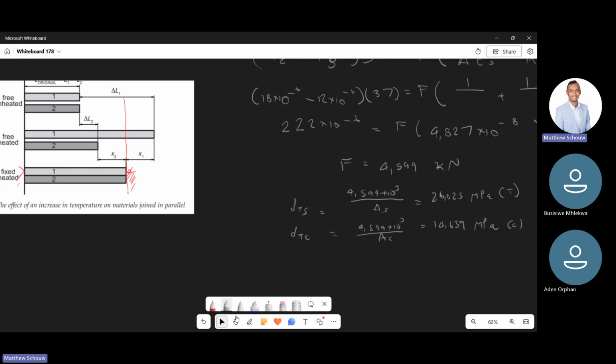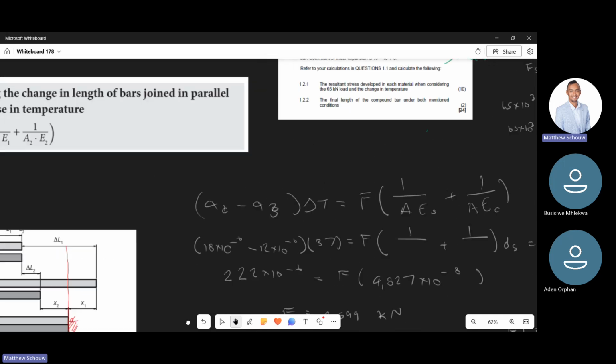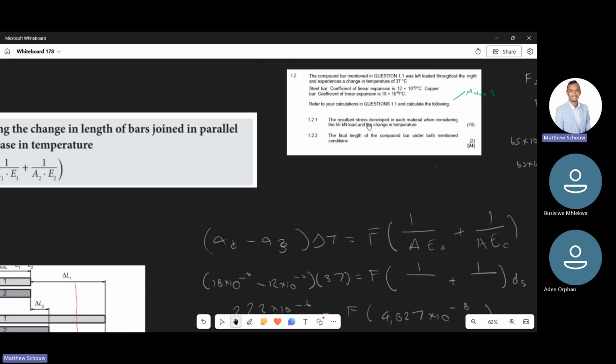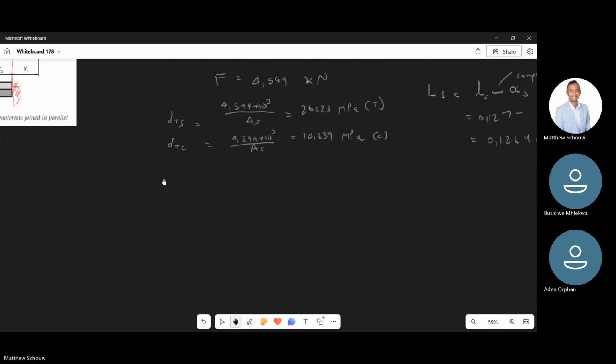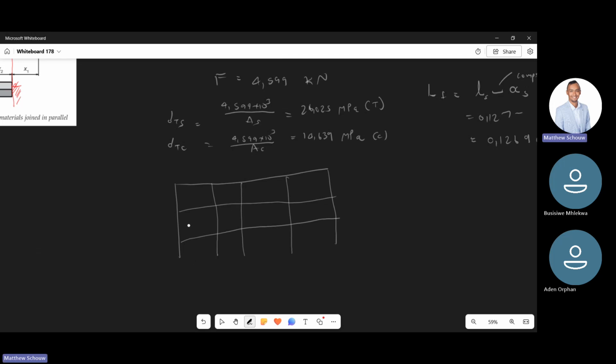So what I want to do now, the question is not done. That's the temperature part. They want the resultant stress developed. How do we get the resultant stress? It's simple. You just pull up a table like this.